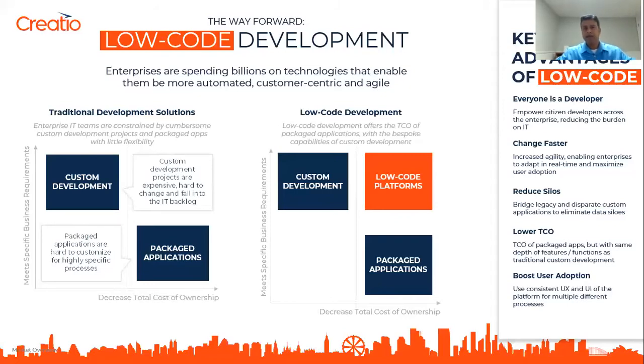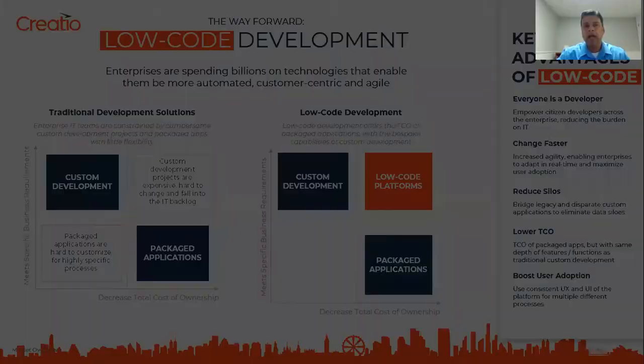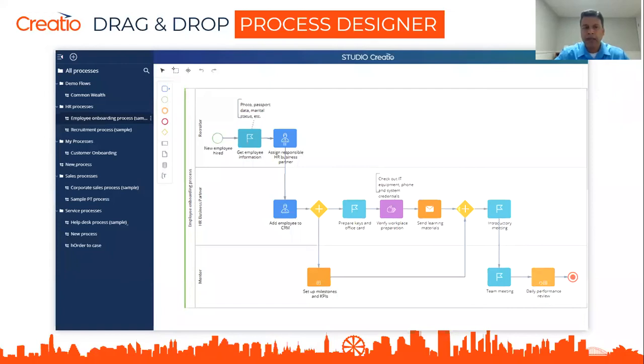So now that we have taken a look at low-code development, let's take a quick look at how Creatio enables this low-code platform development. We do that through a variety of means. One critical part is the process designer.